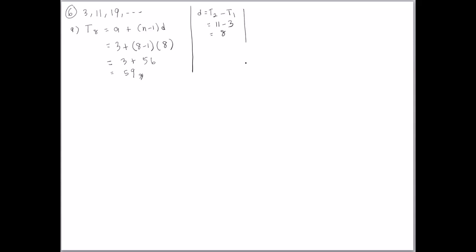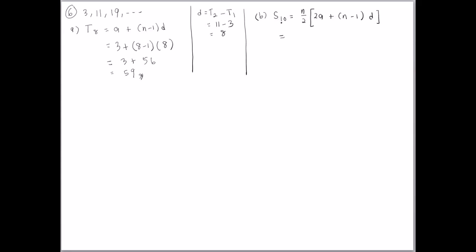And then B, we want to find the sum of the first 10 terms. Sum is S10. Formula for sum, n over 2 times 2a plus n minus 1 d.